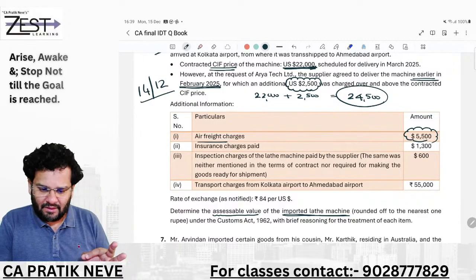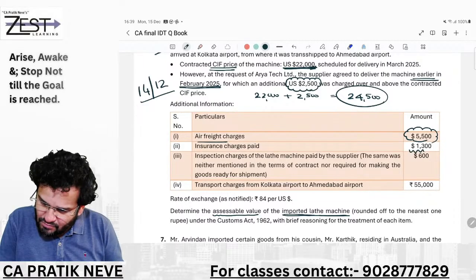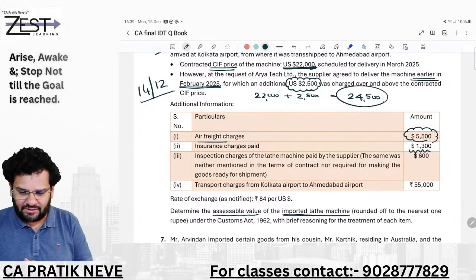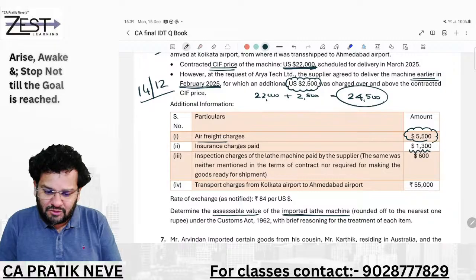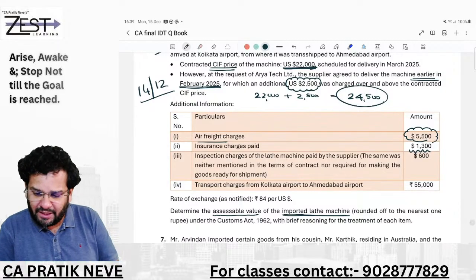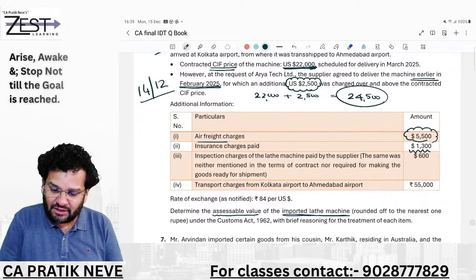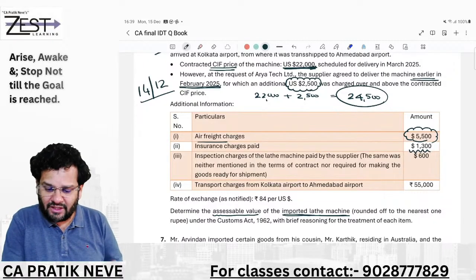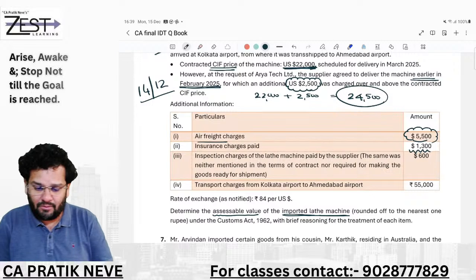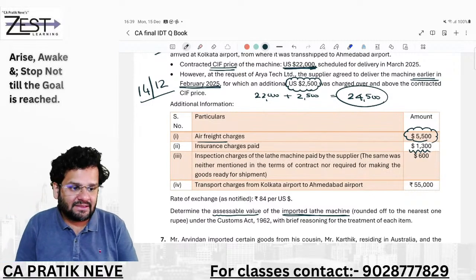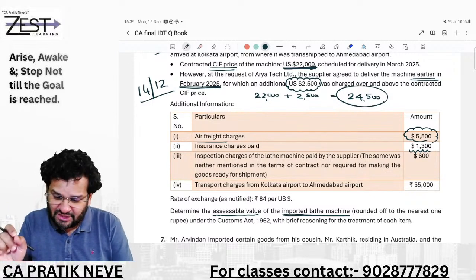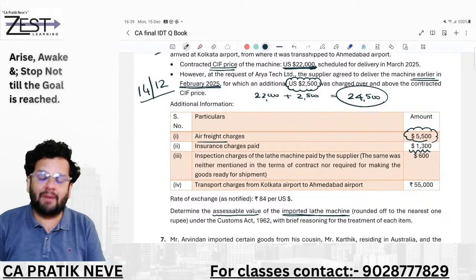Insurance charges paid $1,300. Inspection charges of the lathe machine paid by the supplier, the same was neither mentioned in the terms of contract nor required for making the goods ready for shipment. And lastly, transport charges from Kolkata airport to Ahmedabad airport.